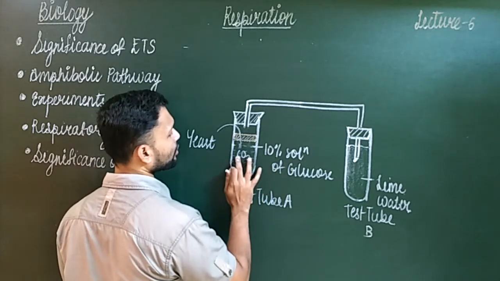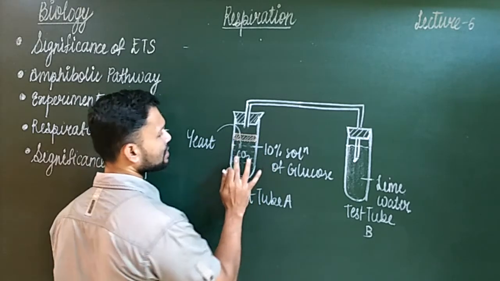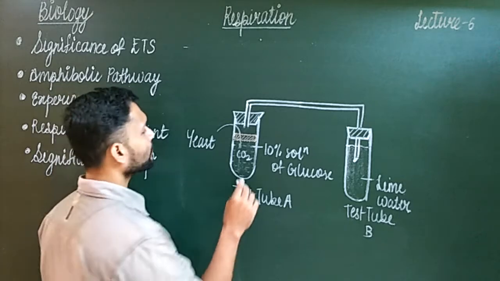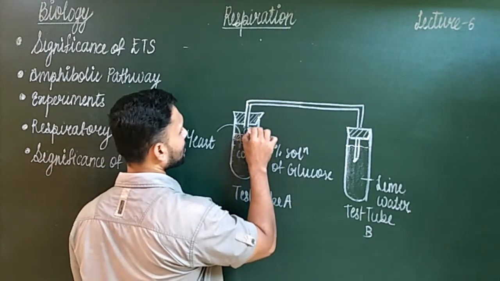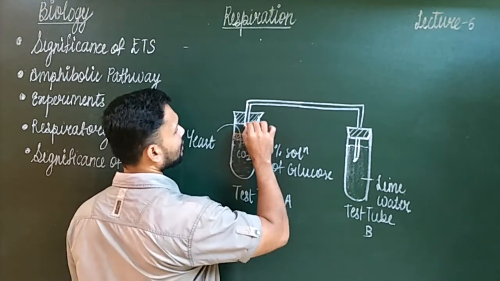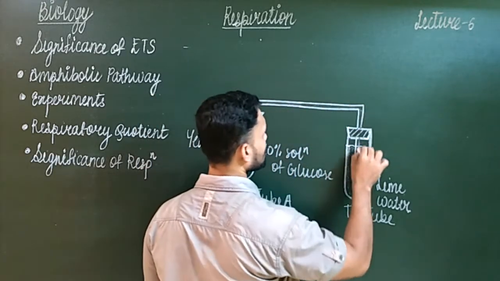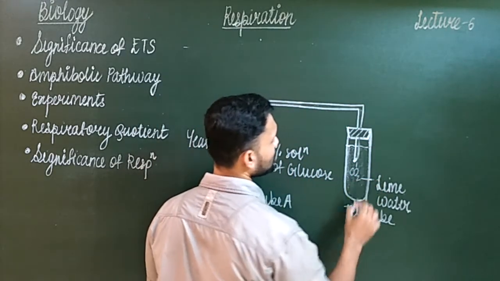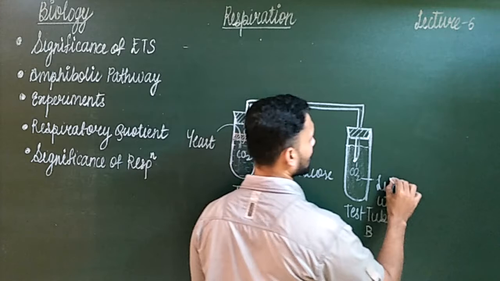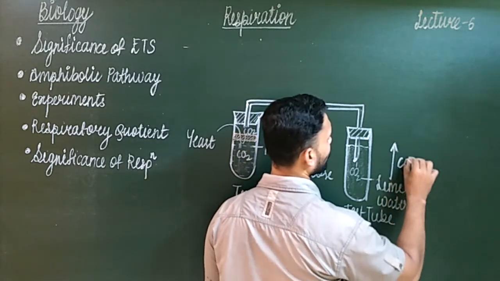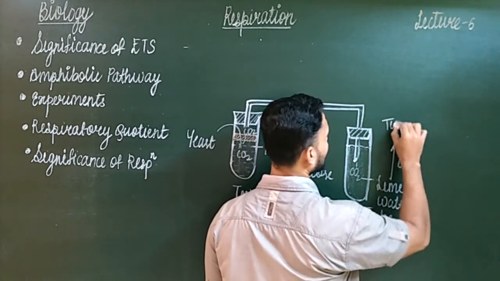So this CO2 is going to build up, and then since it has no place to go, it will come out and it will be present over here, and from here it will travel through this, and here this CO2 will combine with lime water, and hence this lime water will turn milky.